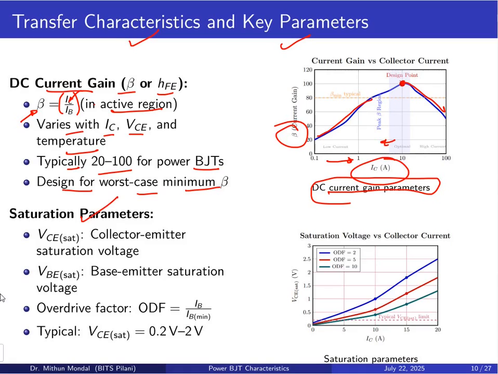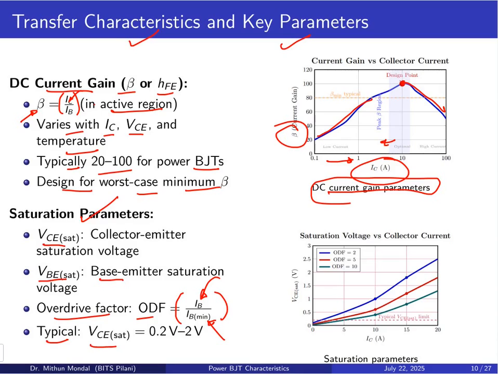The saturation parameters: saturation means the maximum, so you will have the collector to emitter saturation voltage, and the base to emitter saturation voltage, and the overdrive factor, which is given by the ratio of the base current IB, which is in operation, to the minimum base current that is required for the BJT operation.